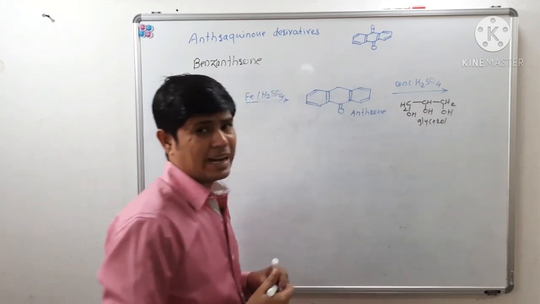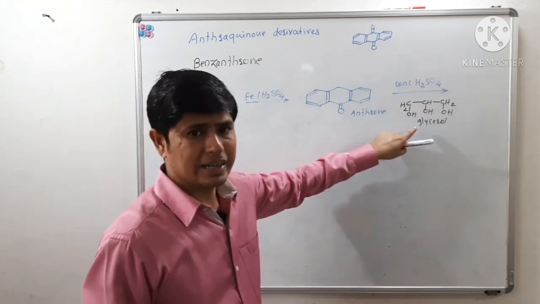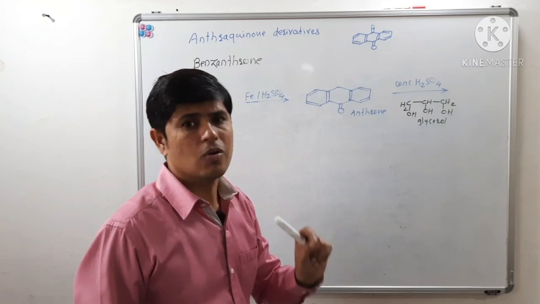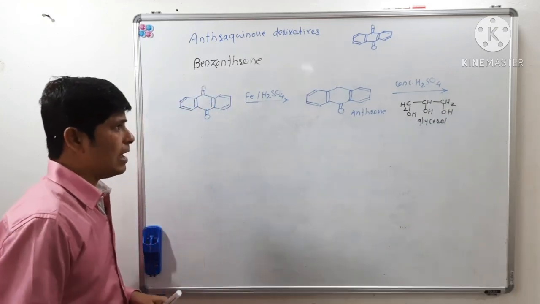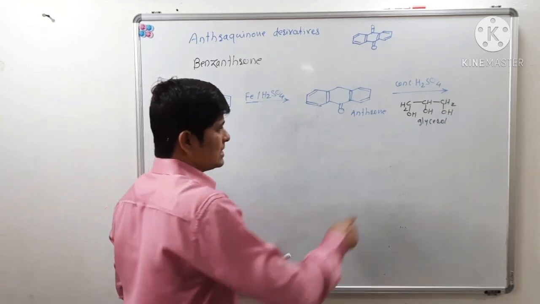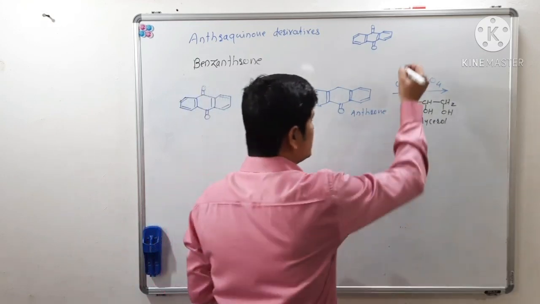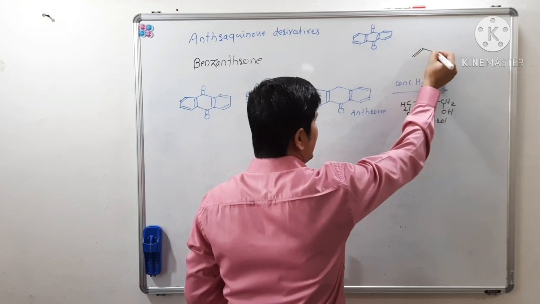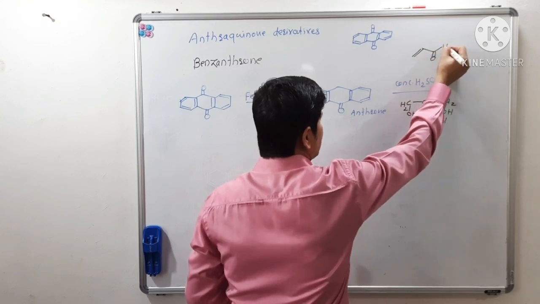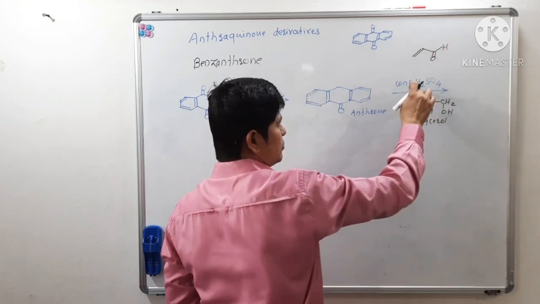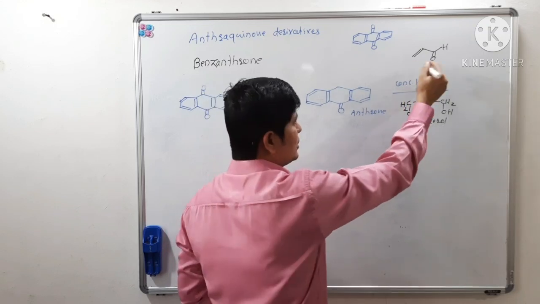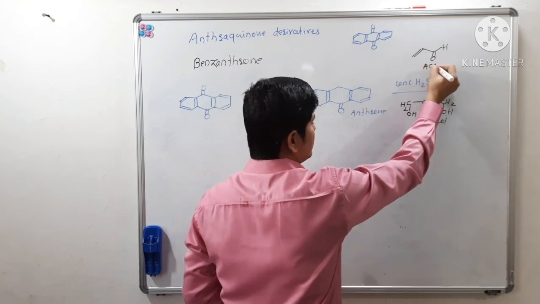So we have to react anthrone with glycerol in presence of concentrated sulfuric acid. Glycerol on reaction with concentrated sulfuric acid will give acrolein.